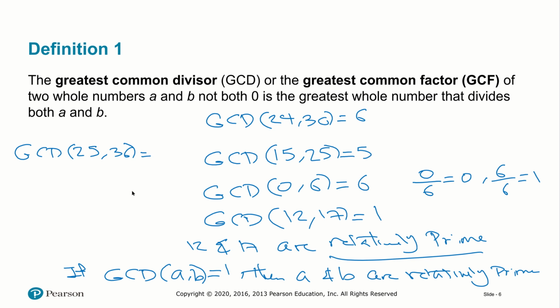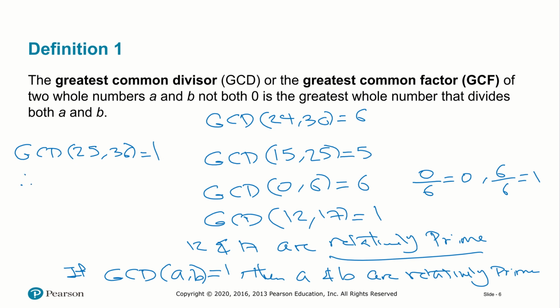Or for 36, we know 6 goes into it, which is a number other than 1 and itself. So both of these are composite numbers. However, they have no common factors other than 1. So here we have two numbers, neither of which is prime, but they are relatively prime. Why? Because the greatest common divisor between them is 1.